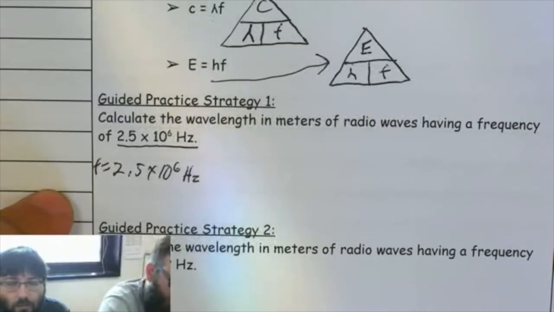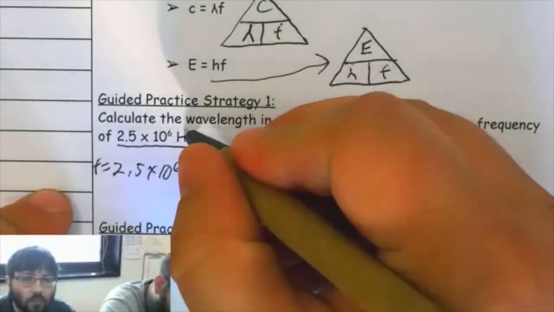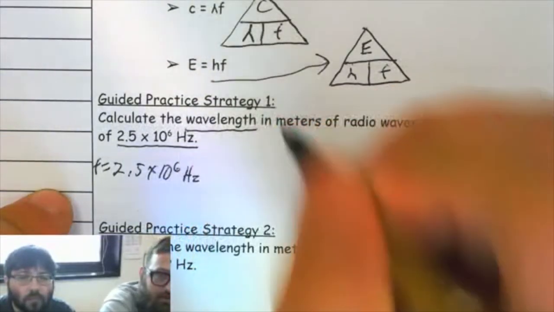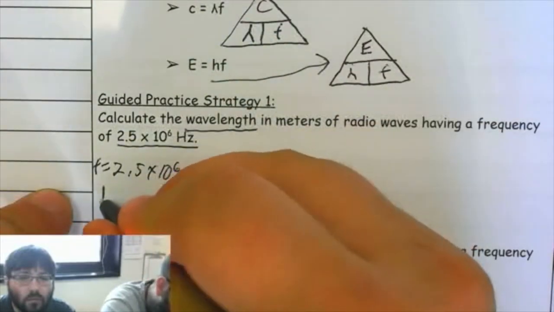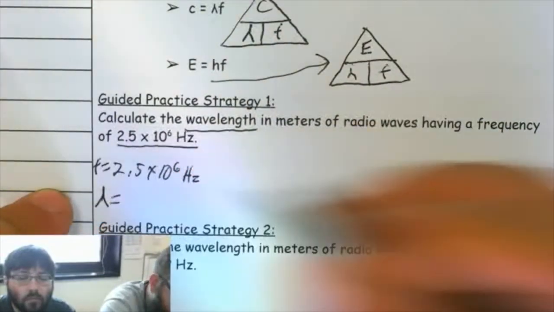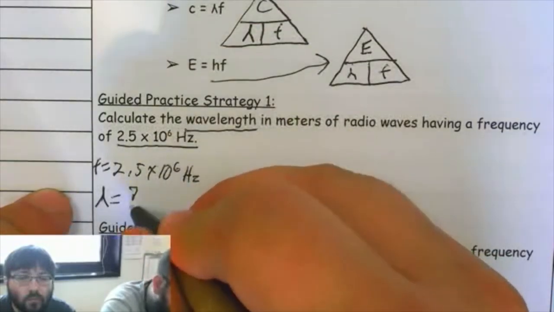So, well, let's see. Because we're solving for wavelength, I'm going to go ahead and underline that. So I'm going to know my wavelength, which is that upside down y, lambda, is equal to what I'm trying to figure out. So that's going to be a big question mark there.